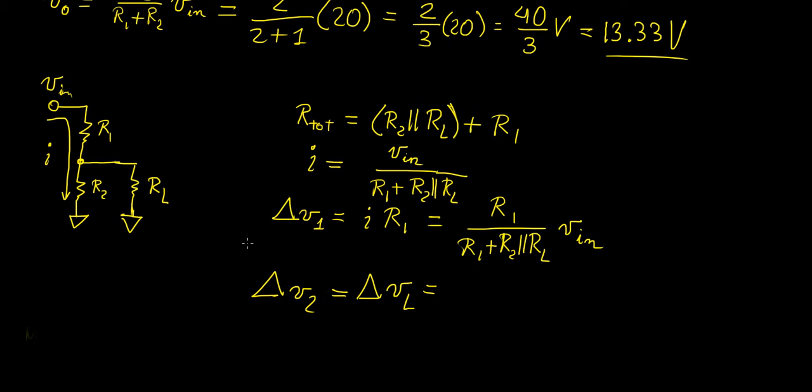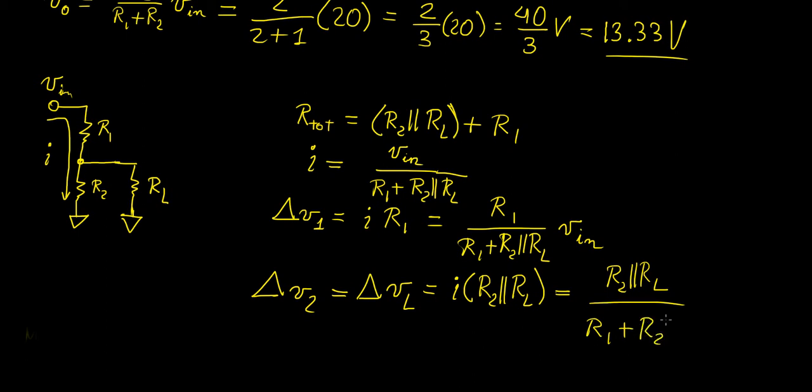So we're going to use the parallel resistance, or the total resistance, which is just that. Since the current is the same in this case, we're just going to have I times R2 parallel with RL. Now we sub in for I. So that's going to be R2 parallel with RL divided by R1 plus R2 parallel with RL, times V in.